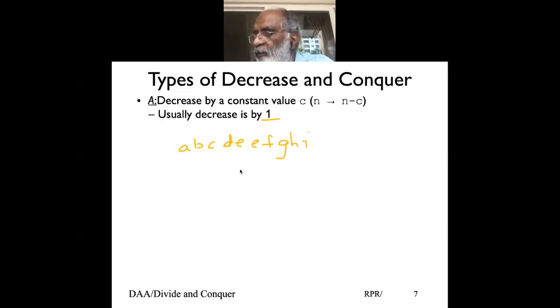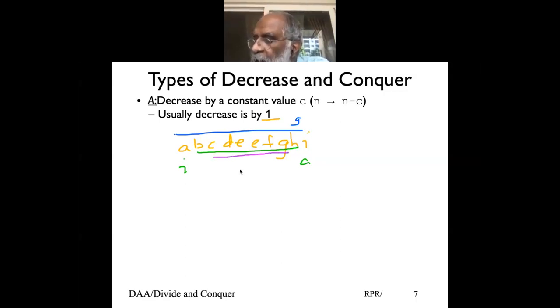So I know that for reversal I can decrease by 2. This is a string of size 9. If I can solve a string of size 7, B to G, once this is solved, I can swap I and A here. Then with the size of 7 solved, I can solve the size of 5, which is C to G, and then I can solve H and B, and that way.